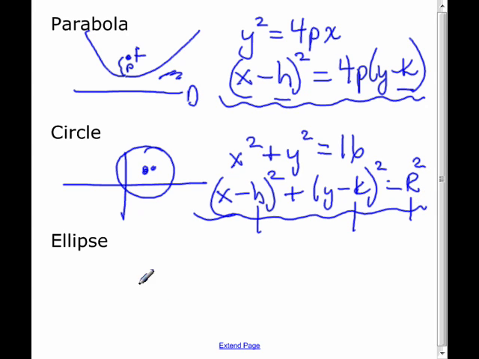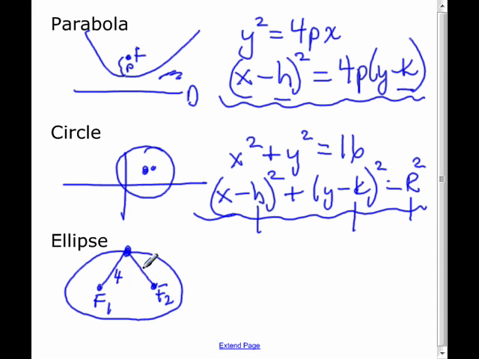The definition of an ellipse was a little bit different. It was a funny one. We had two focus points, and an ellipse was defined as the set of all points such that the sum of the distance between any point on my ellipse to the first focus, we'll call it focus 1, and the distance from that point to the second focus, the sum of those two distances, was always the same.